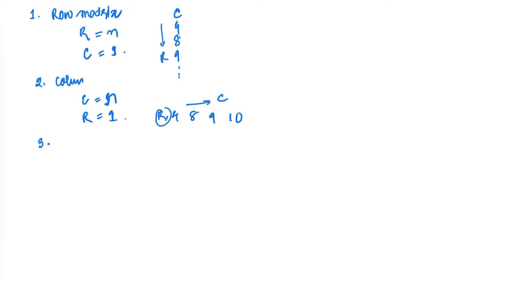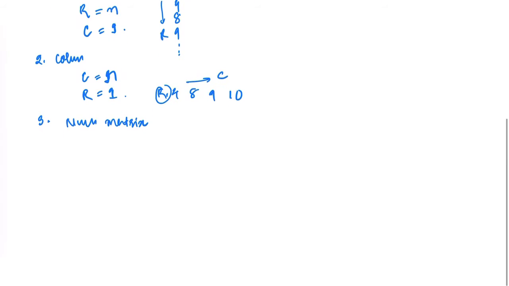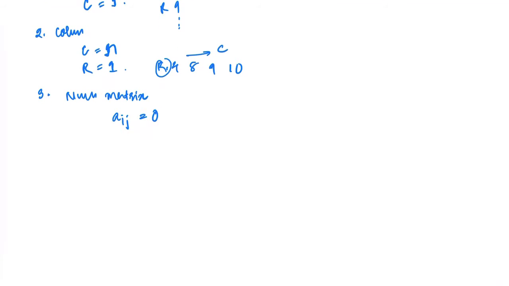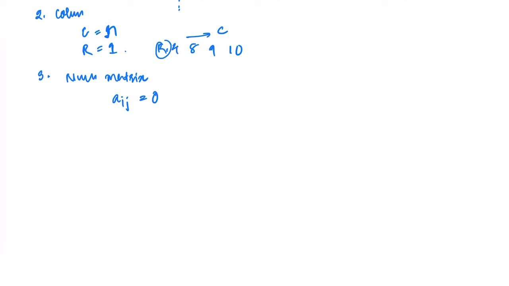Now, null matrix. What is a null matrix? In a null matrix everything is zero. You can just say aij is equal to 0. Okay. Now fourth, rectangular matrix.